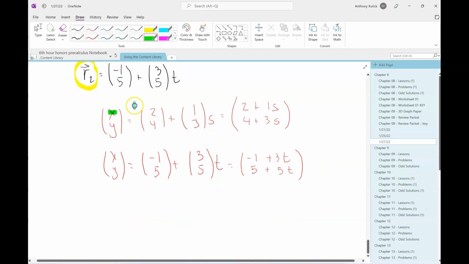So what I have is that x is equal to 2 plus 1s, and I also have that x is equal to negative 1 plus 3t. So since they're both equal to x, we can say they're equal to each other. And then similarly with y.